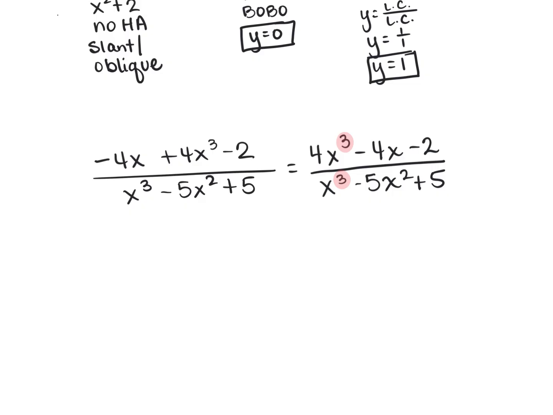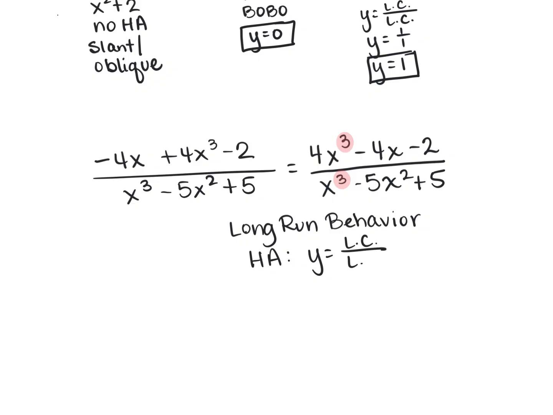So since it's the same degree, then the long run behavior will be dictated by a horizontal asymptote that has equation y is equal to leading coefficient over leading coefficient. So because it's in descending order now, I have 4 divided by 1, because those are the leading coefficients for both of those.